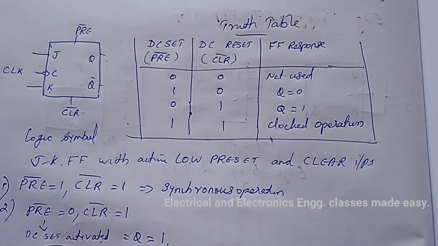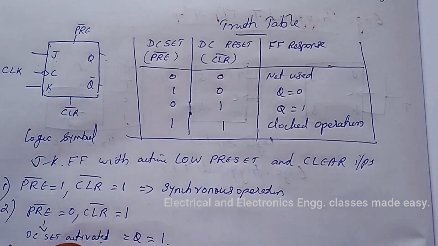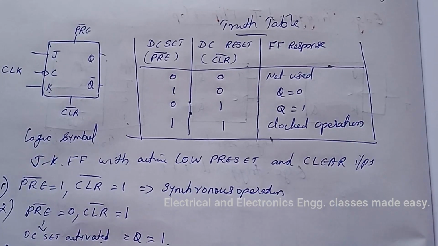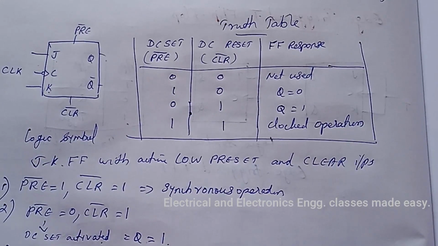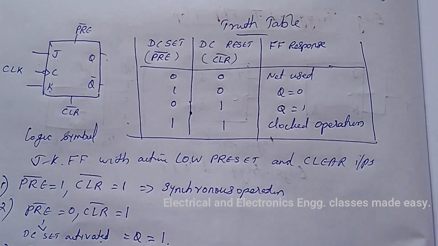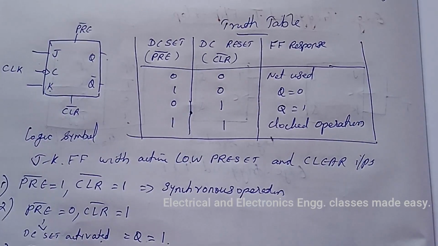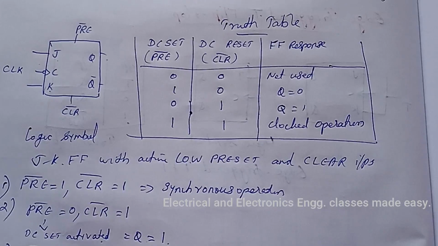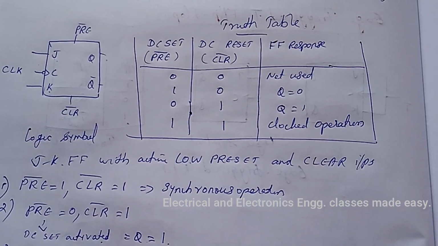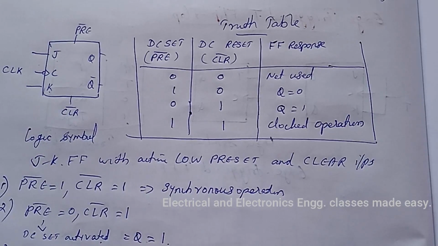And in the third case, when preset bar equal to 1 and clear bar equal to 0, that is here DC clear is activated and Q is immediately cleared to 0. That is here clear bar is activated, that is DC clear is activated.